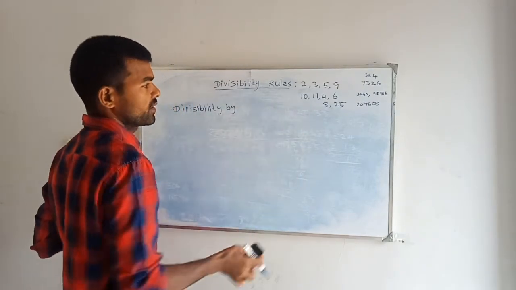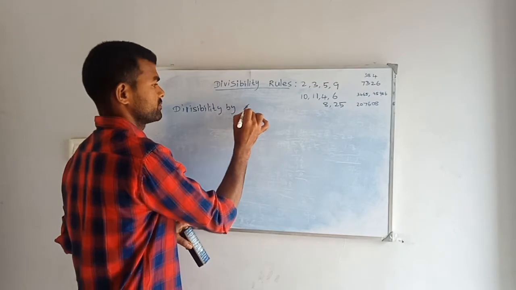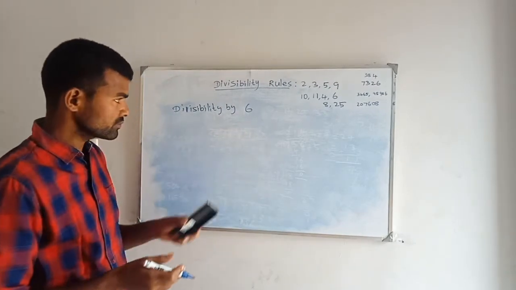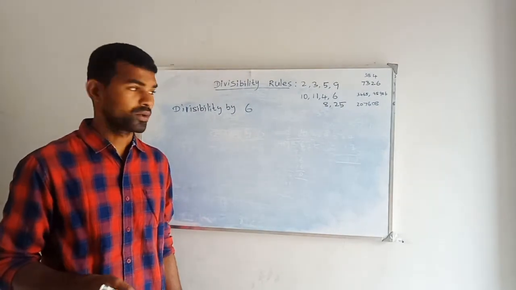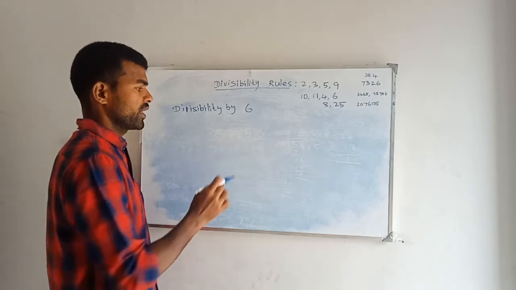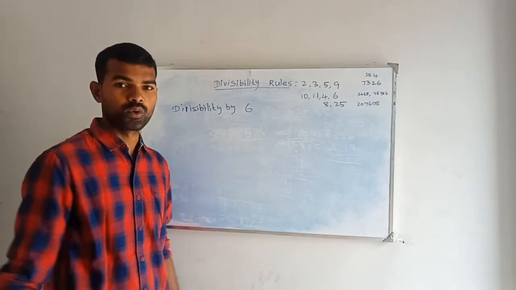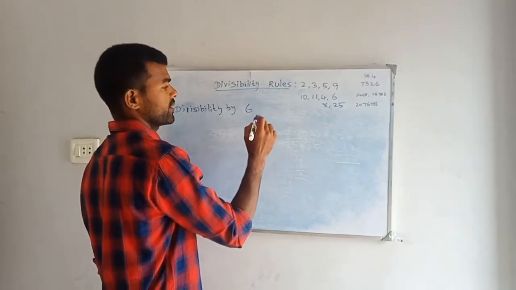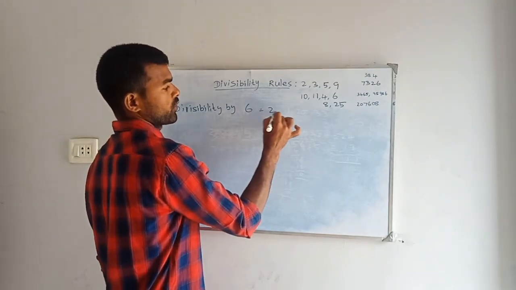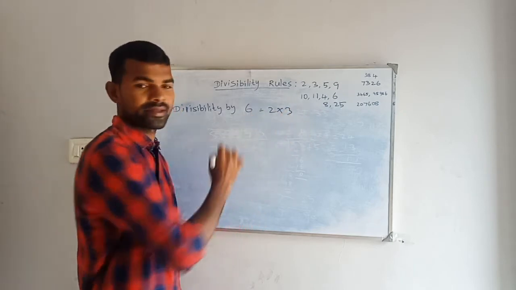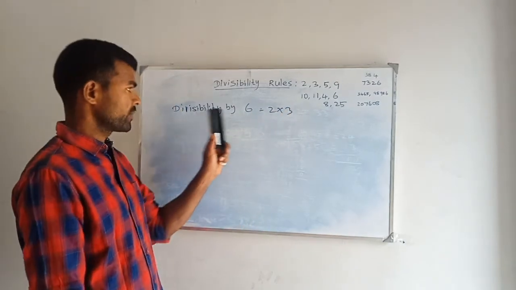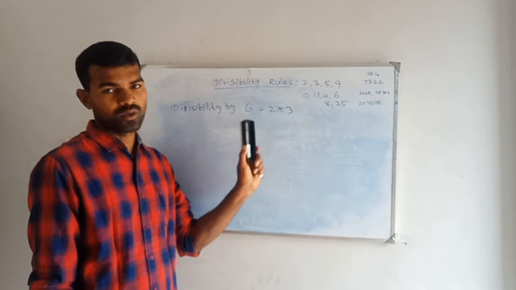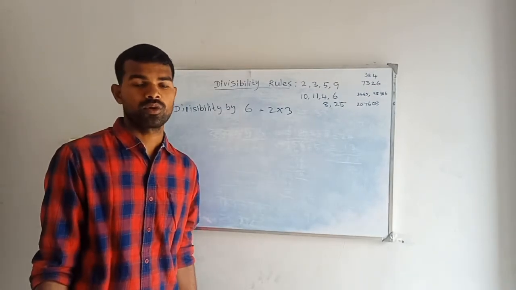Next, let us go for divisibility by 6. The divisibility by 6 rule says you have to see two rules. Divisibility by 6: you know, 2 multiplied by 3, how much? 2 times 3 is 6. So the number must follow two rules.